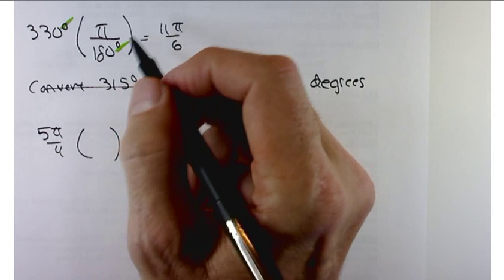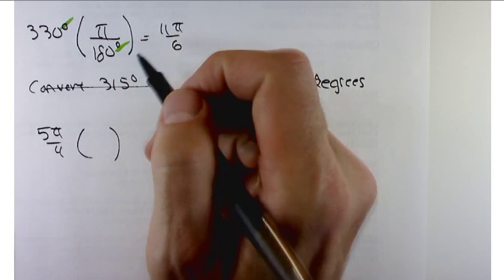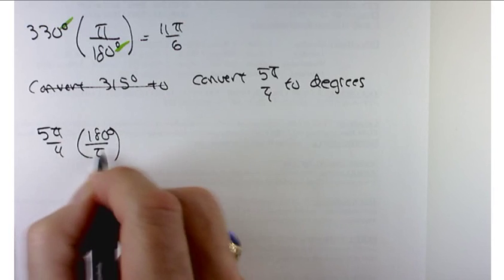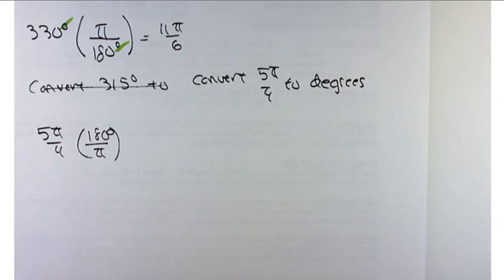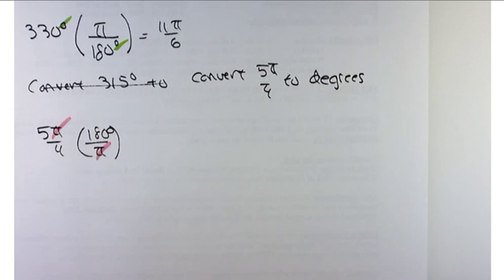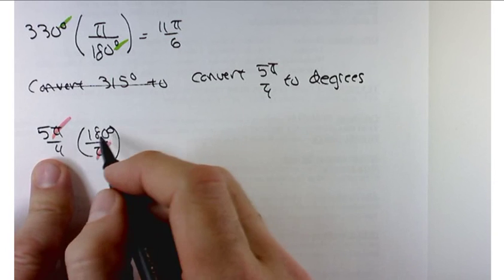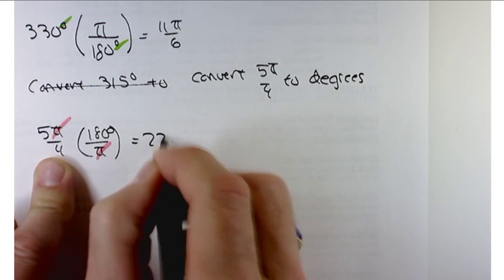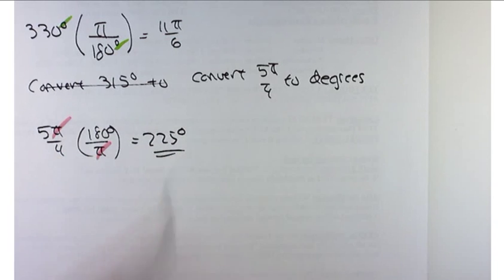Again, you want to multiply by 1. But how am I going to change things this time? 180 over pi. And that allows the units of pi to cancel out. And you'll be left with units of degrees. 4 goes into 180 45 times. 45 times 5 is 225 degrees.